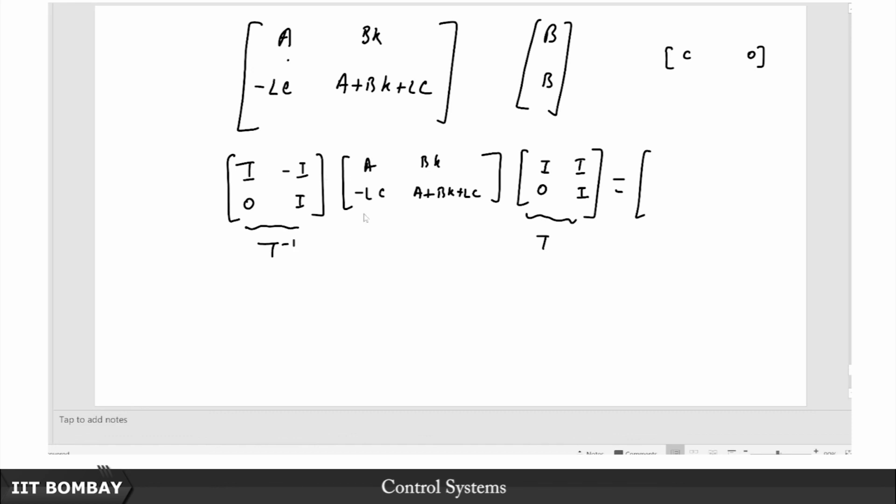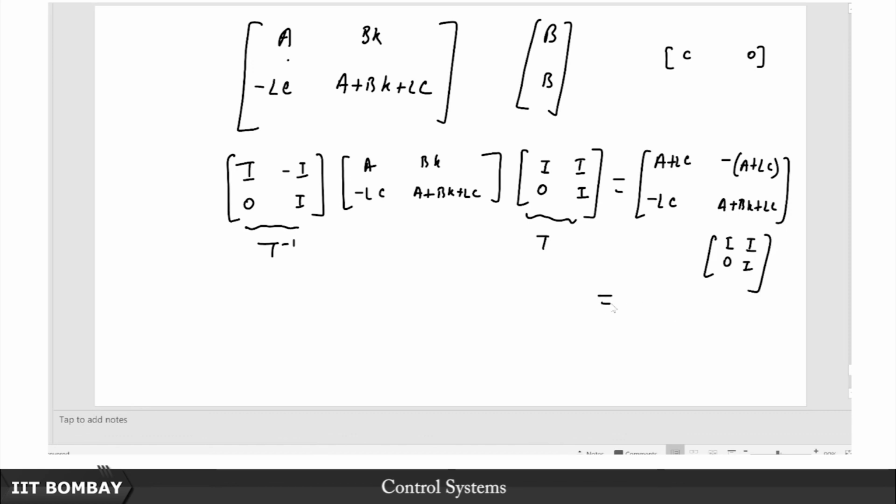I minus I, so A minus LC, that is A plus LC, and then the next part, when you add, you get BK minus, so it is minus of A plus LC. Here you of course have the second row intact, LC and A plus BK plus LC, times [I, I; 0, I].